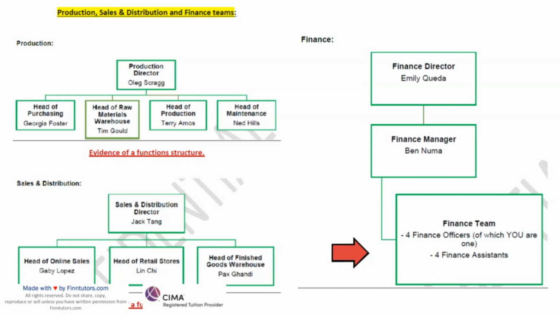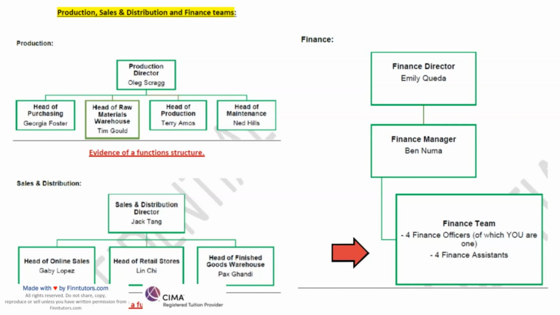That's Oleg Scragg. And this is clear evidence of a functional structure being in place because there are different functions. Let's say the production function, the sales function, the finance function, all reporting upwards. So, head of purchasing, head of raw material reporting into the production director.